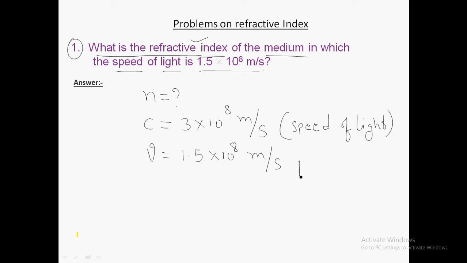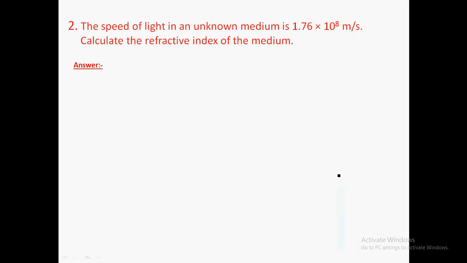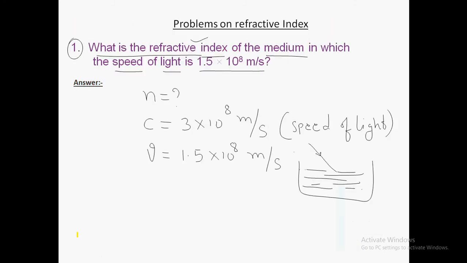For example, take a beaker with some liquid like this. Now, a light ray is coming and entering one medium. Here, the speed of the light is c, that is 3 times 10 power 8, and the speed of the light in this medium is v.